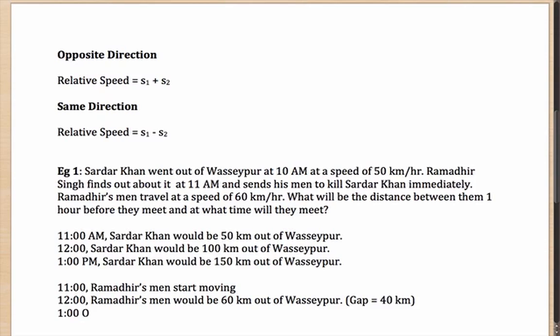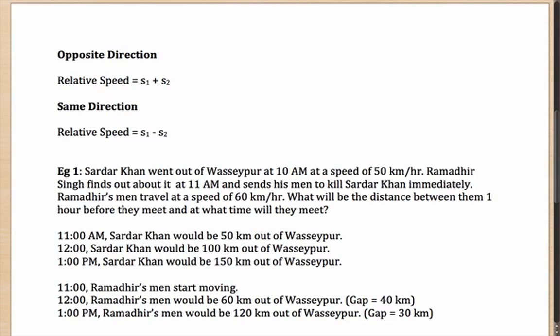At 1 p.m. what would happen? Ramadhir's men would be 120 kilometers out of Wasipur, and in this case, now what is the gap at 1 p.m.? At 1 p.m. Sardar was 150 out, Ramadhir's men are 120 out, or the gap is 30 kilometers.